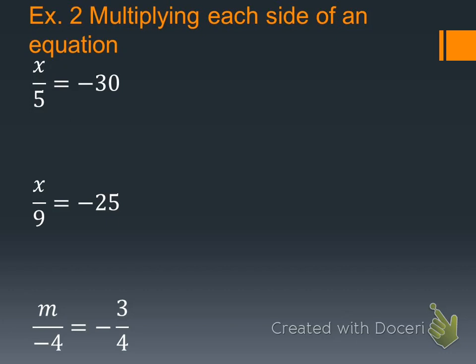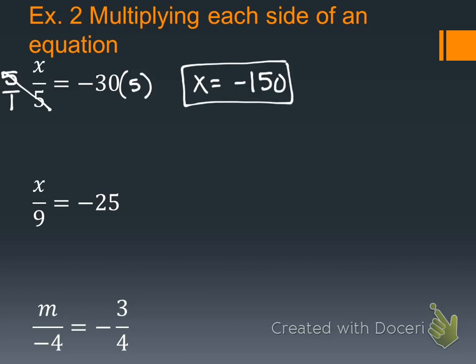What is x being divided by? 5. So that's what I multiply by. Technically, if I multiply by 5/1, because it's a fraction, those cancel out. Whatever I do to one side, I've got to do to the other. I multiply by 5 and I get x is equal to negative 150.